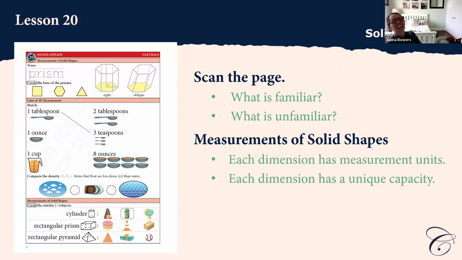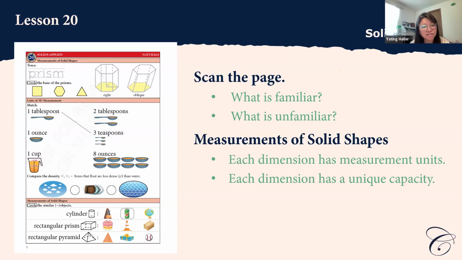Okay. All right. And on to the lesson on page 3, looking at some applications of solids. Let's just talk for a minute about this page. What's familiar and unfamiliar on this page? Well, hopefully what's familiar is all the topics have been naming shapes and some of their parts.